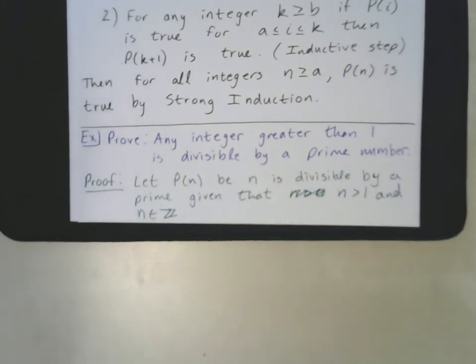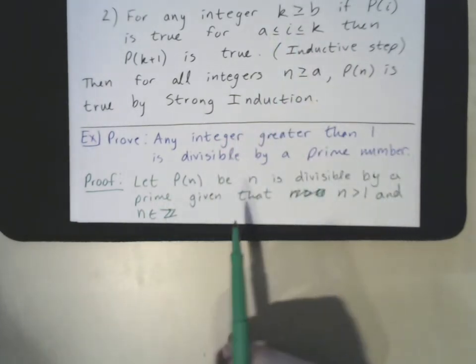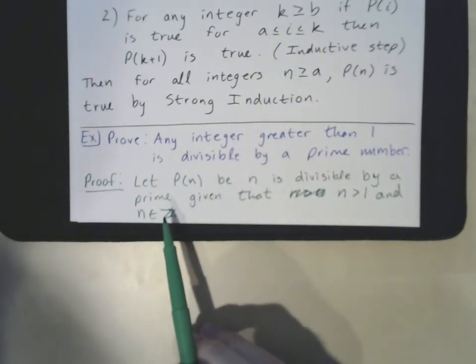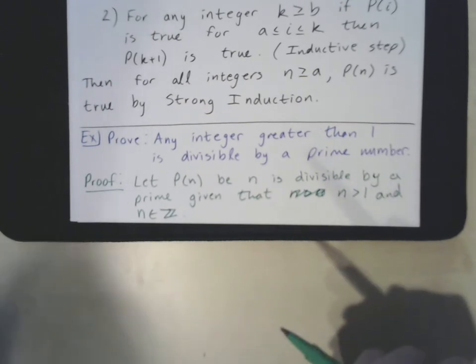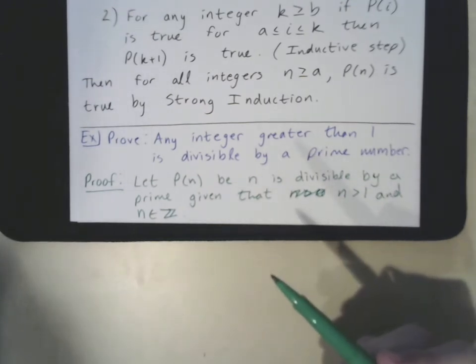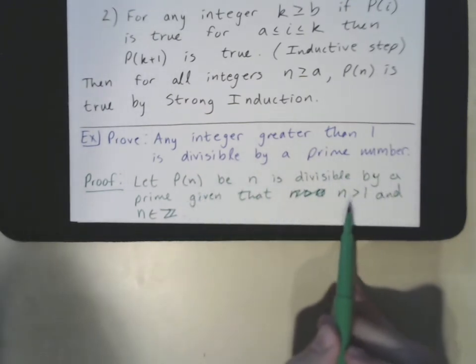So this is actually a pretty good example to start with because they don't tell us what our fixed integers a and b are going to be. So what you really want to think about is a should be your first case, your normal base case. So 2 would be our first integer. 2 is, of course, divisible by itself.